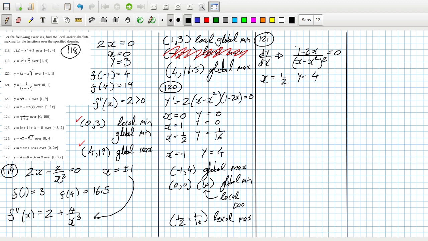Now, when this approaches 1 from the left, what's going to be happening here? It's positive. It's positive.